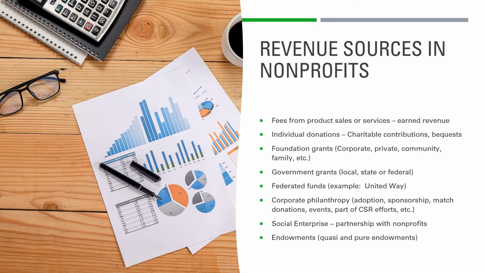Now, there are different revenue sources, and we only have a few more slides to go. I just wanted to give you some highlights so you could think about these as you're completing your 501(c)(3) or whatever category paperwork for your nonprofit. You can get fees from product sales or services, which we call earned revenue.